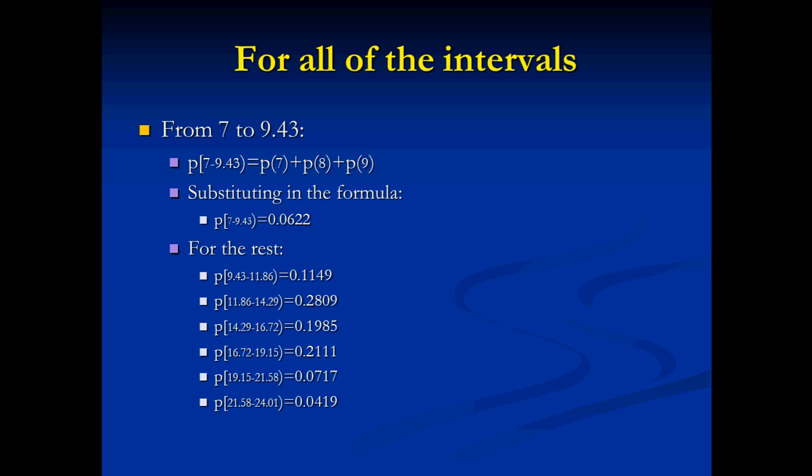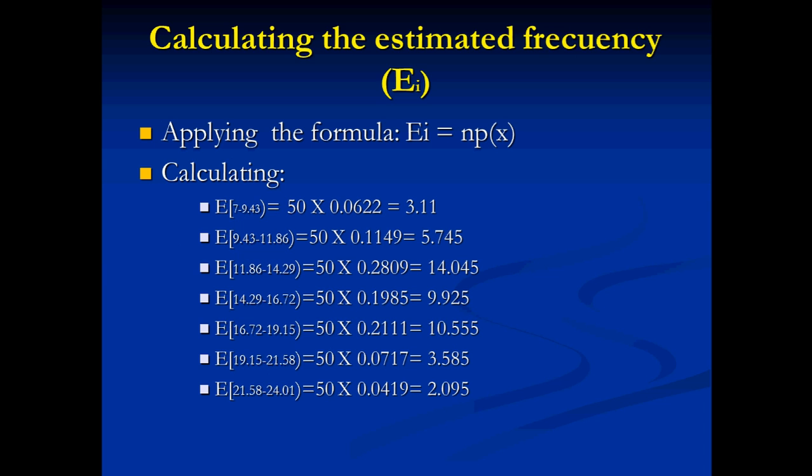We have to multiply this 0.0622 times 50. Doing this, we have this estimated frequency. So in the first interval, we have a desired frequency of 3.11, in the second interval of 5.745, in the third of 14.045, and there are the calculations for the rest of the intervals.